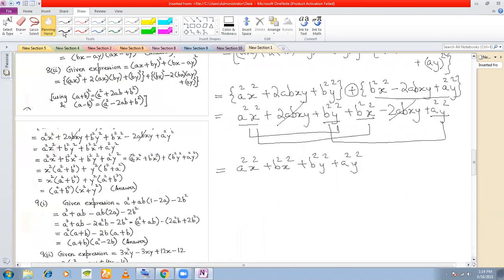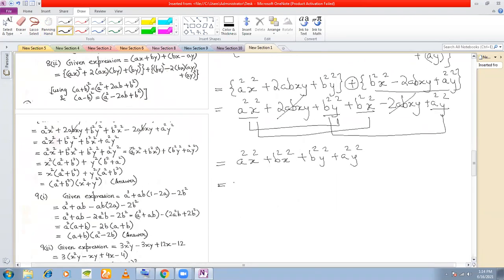Now you see, from the first two, you can take out the HCF x square. What are you left with? From a square x square, you take out x square. So you're left with a square only. From b square x square, you're taking out x square, so b square x square divided by x square will give you b square. From these two, you take out the HCF y square.